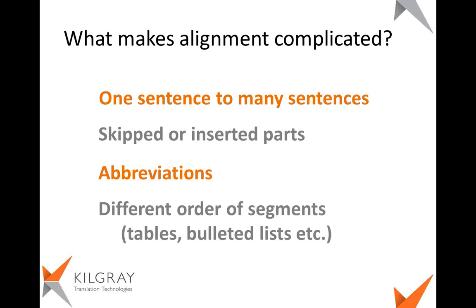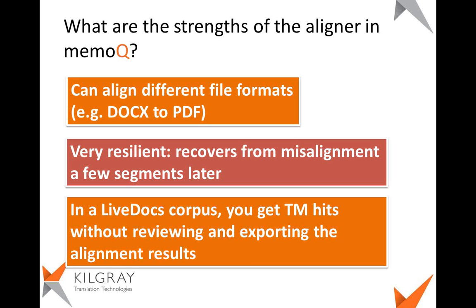So let's go into some practical aspects here. Well, there is an alignment module in MemoQ, despite the fact that you don't see the title alignment anymore in version 4.5 when you go to the project workspace.